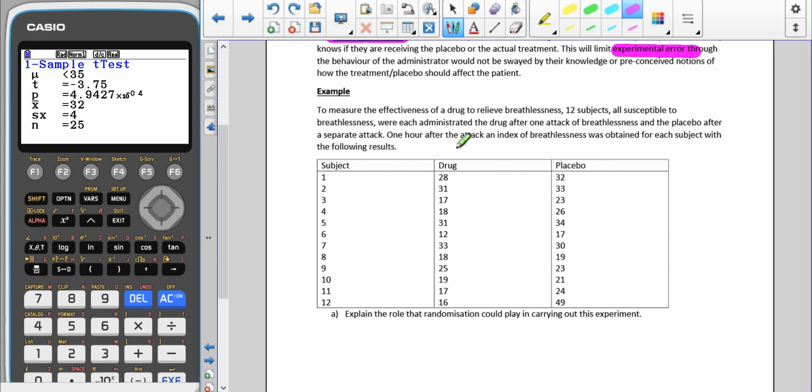So we have here subject 1. When they got the drug, their breathlessness index was 28. When they got the placebo, their breathlessness index was 32. And so on for subject 2, 3 and up to 12.